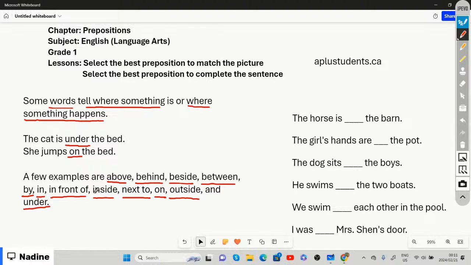And once again, it is words like above, behind, beside, between, by, in front of, inside, next to, on, outside, and under. So we are going to look at a few extra examples, and then we are going to find the prepositions in these sentences.